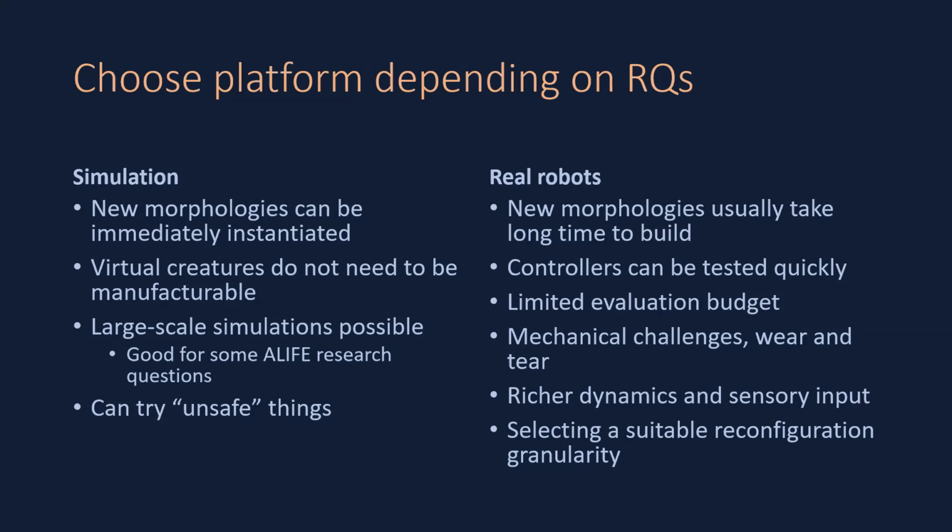But it's definitely possible to do evolution also on real robots, and then you get the bonus of the full rich interactions of the real world. So there's a lot more richness to your evolutionary setup in a way. But you have many problems with things breaking and lots of engineering challenges and so on.